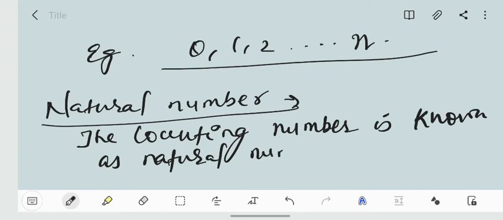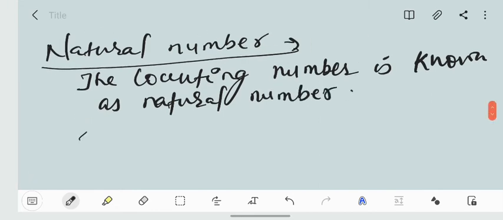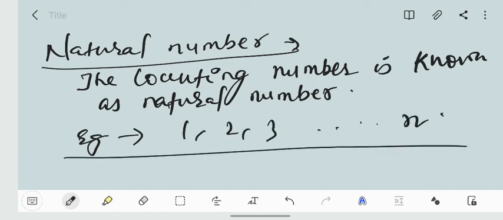Starting with 1, 2, 3, dot, dot, dot, it goes till n, isn't it? So a slight difference between whole numbers and natural numbers. Whole numbers start with 0 along with the natural numbers, and natural numbers start with 1. Okay, that is called counting numbers.